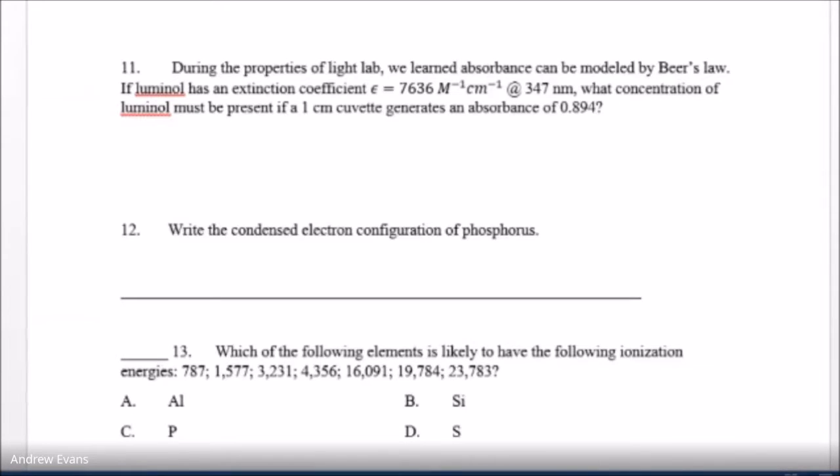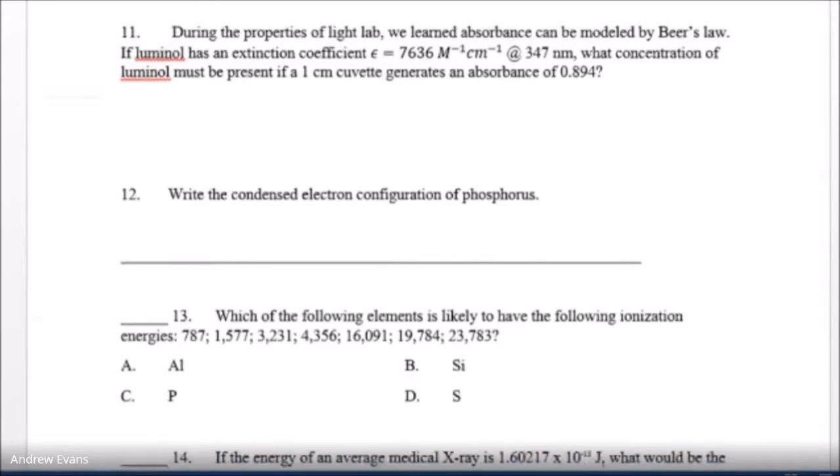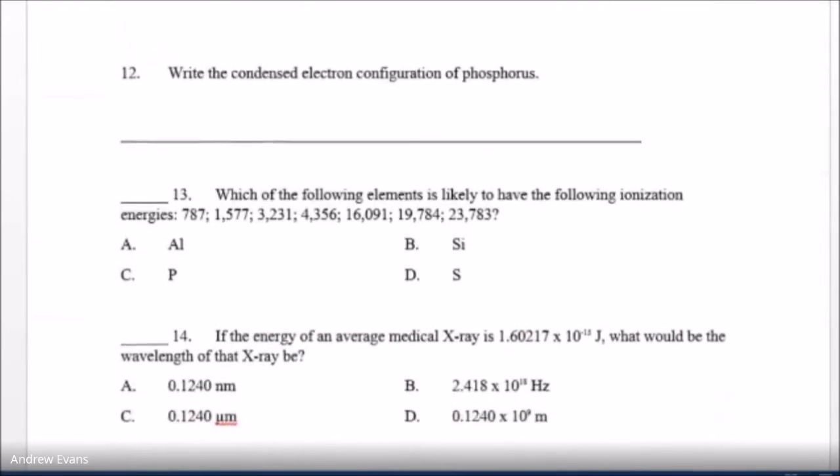But that was a lab-based problem of Beer's law, that absorbance equals, essentially, molar absorptivity times path length, which is always 1, times concentration. We're not there, so we're not going to worry about anything like that.